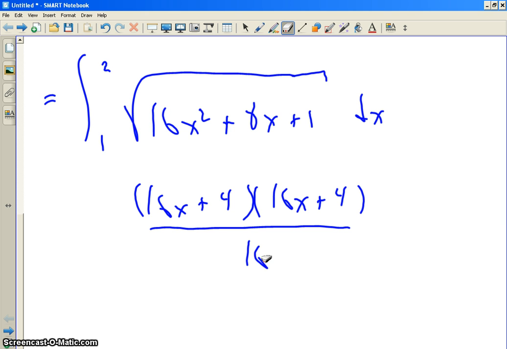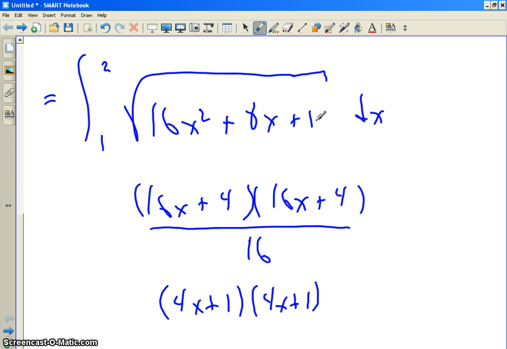So now if this worked, the 16 should cancel out. Does it? Yeah, because what's the GCF here? 4. You can take out 4 here, take out 4 here, and it cancels all of it, right? So what's left? 4x plus 1 times 4x plus 1. So this is 4x plus 1 squared.